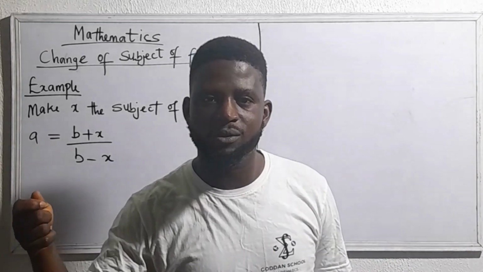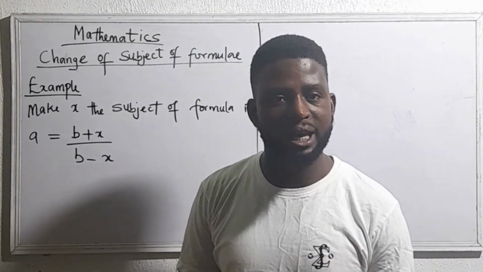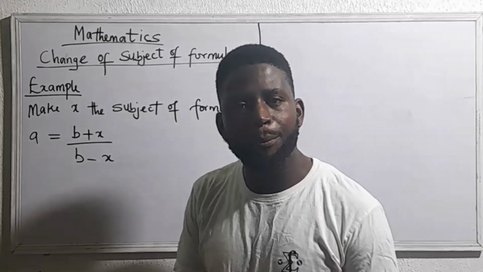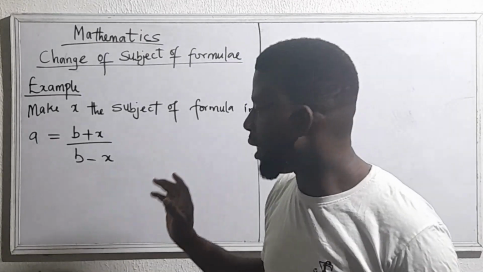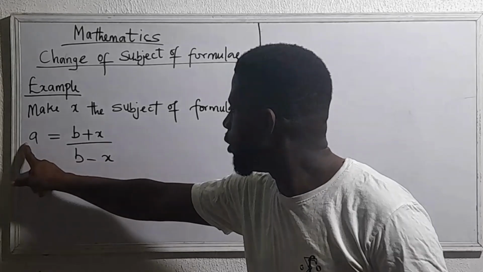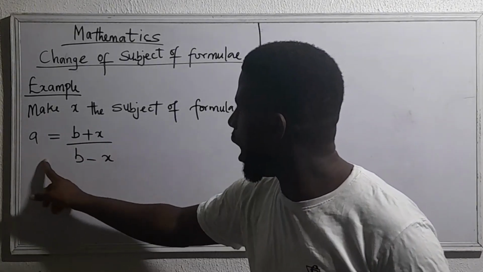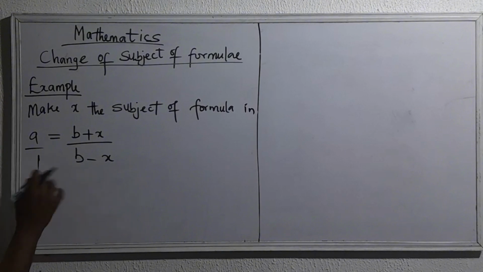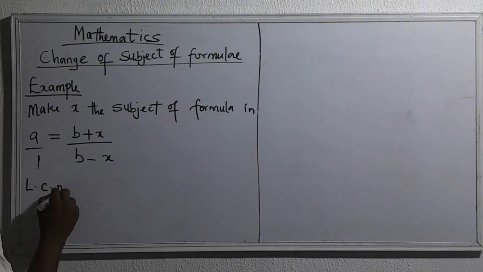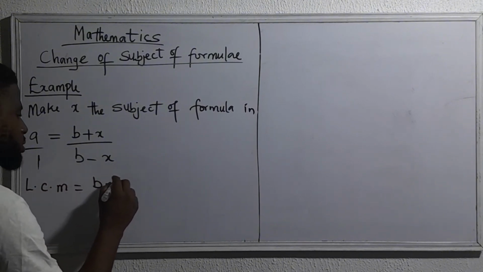That will give us a simple equation. We apply the same method in this formula too. Now, what is the LCM of all terms here? The denominator of a is 1, which means that our LCM is b minus x.